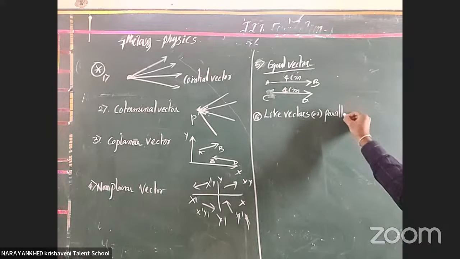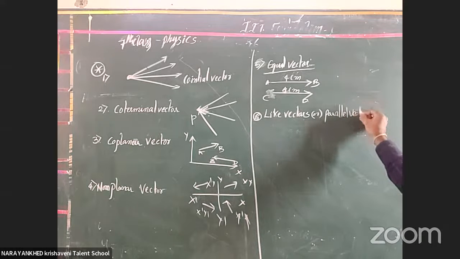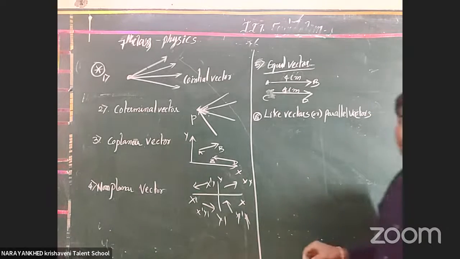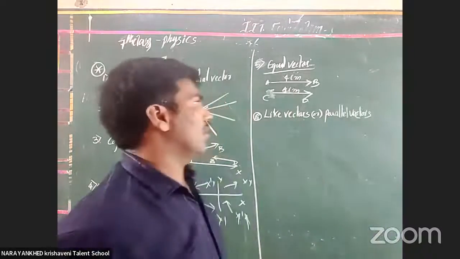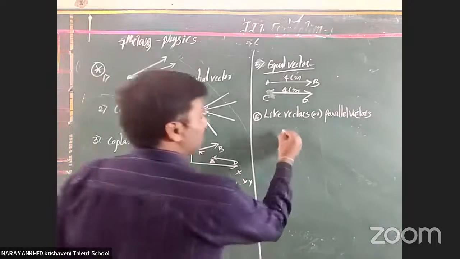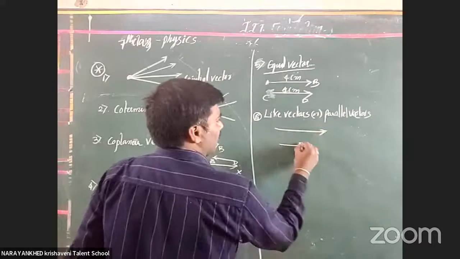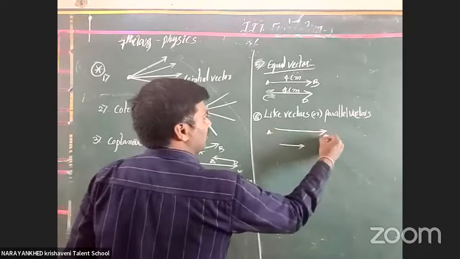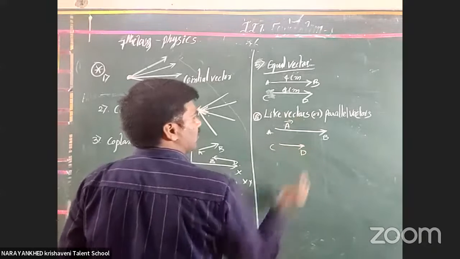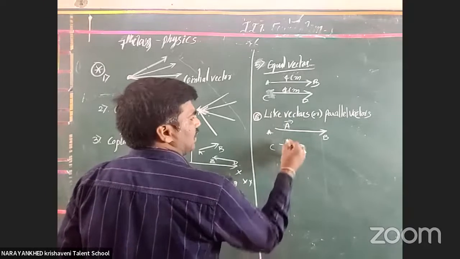Once write down parallel vectors. The diagrams are important, it will be easy for you. Which one is called a like vector or parallel vector? Whatever the magnitude, they are in the same direction. Clear? The magnitude is the same, AB bar somewhat and CD bar somewhat.